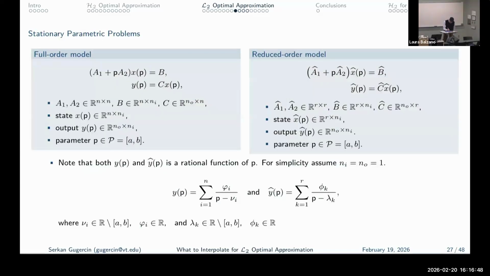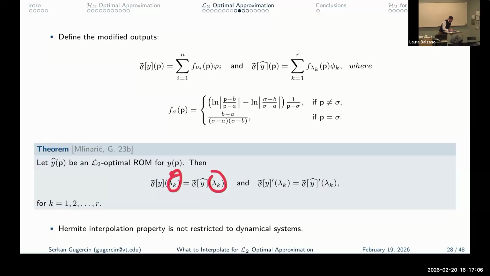The thing is that in this case, the poles are outside my parameter domain, and the mirroring is coming from there. You can think of it like in the dynamical system case, where poles were here and interpolation points were there. These are my interpolation points. They are indeed outside the region of interest. So that perspective is still there.